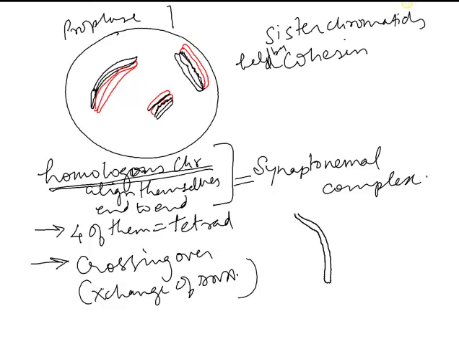Wait, let me try and draw this as best as I can. So, part of this homologous chromosome goes off to this side, and part of this homologous chromosome goes off to this side.